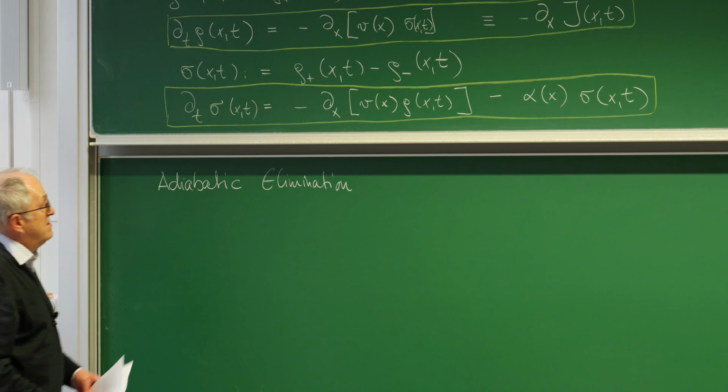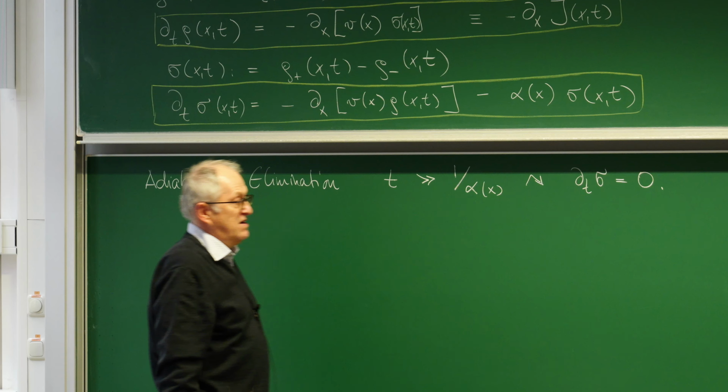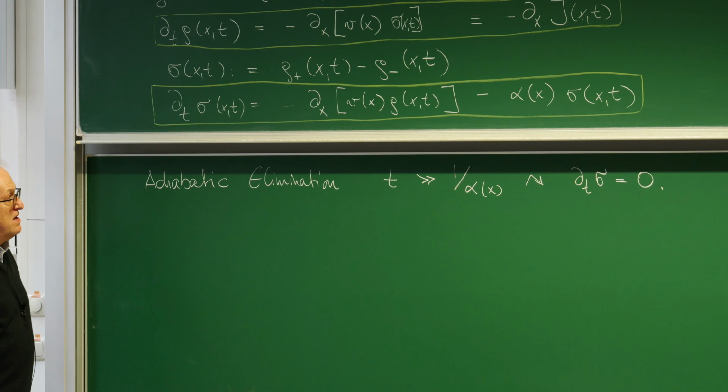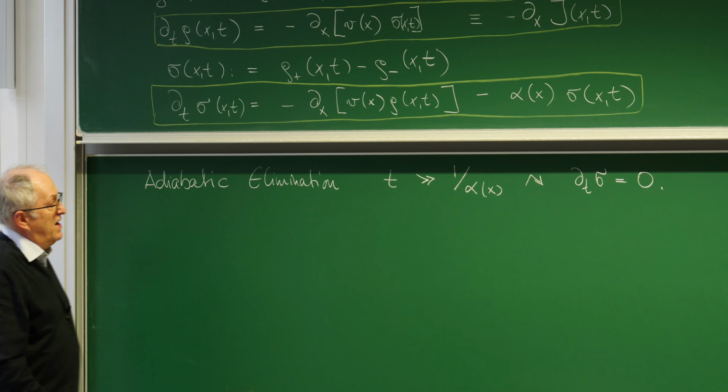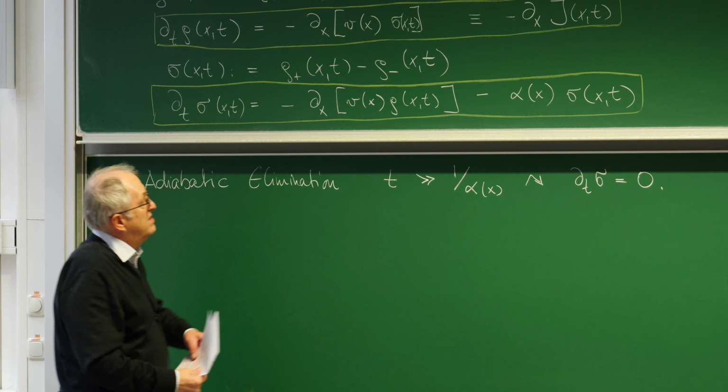So we look at times which are much, much larger than 1 over alpha of x, and then we can assume that this dt sigma is equal to 0. And then once we have that, the right-hand side is of course 0, and we can use that information to rewrite the first equation, that is the conservation law.